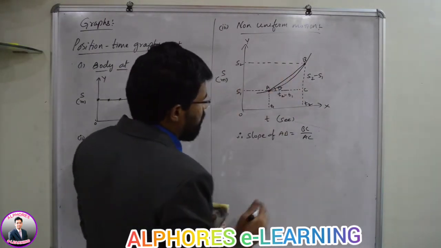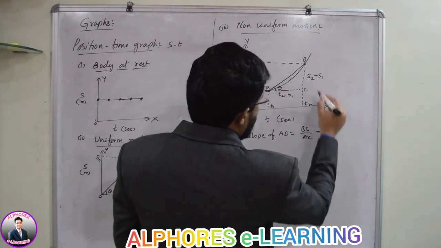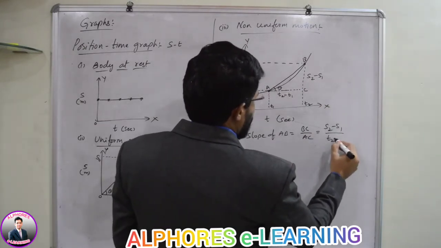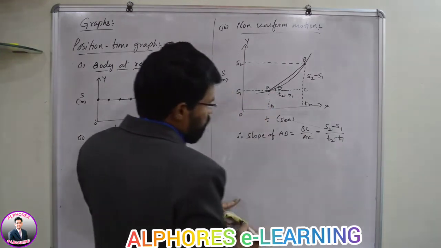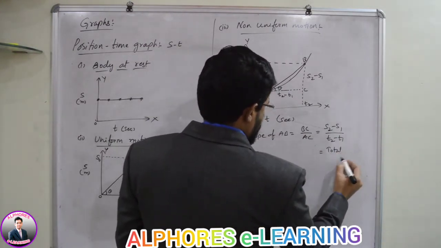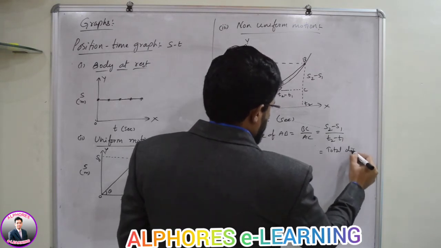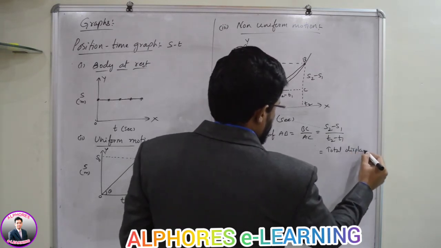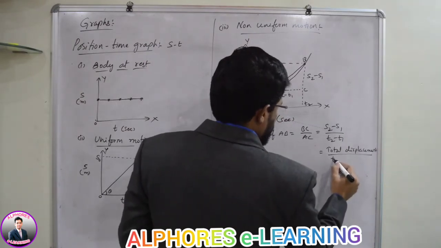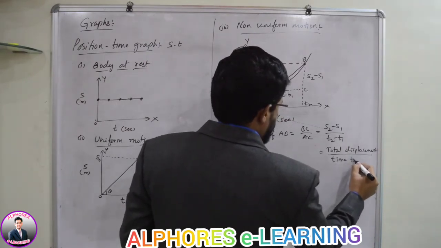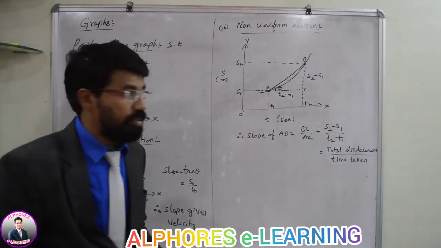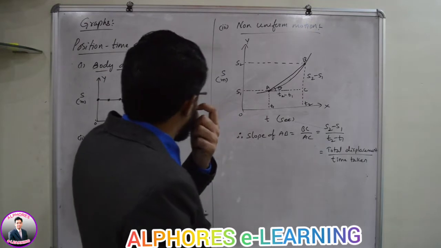So BC by AC, and this BC can be replaced with S2 minus S1. AC can be replaced with T2 minus T1. Or this can also be written as total displacement divided by time taken. This is how you can write.